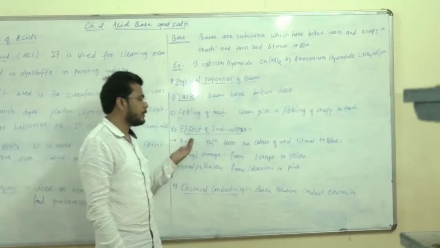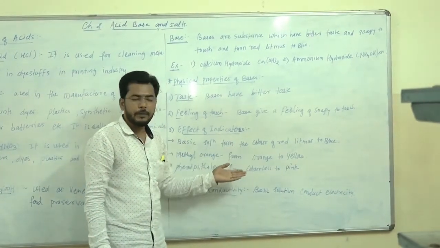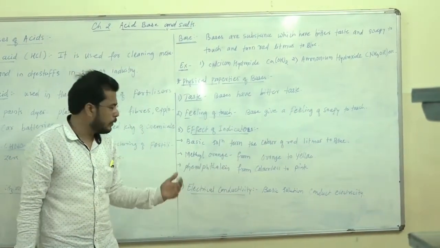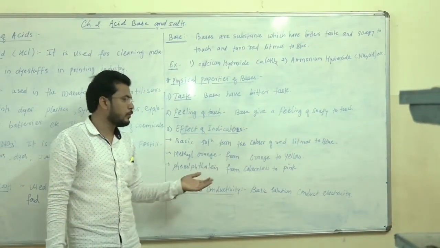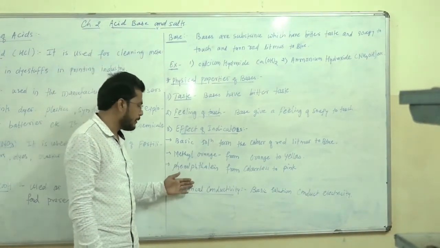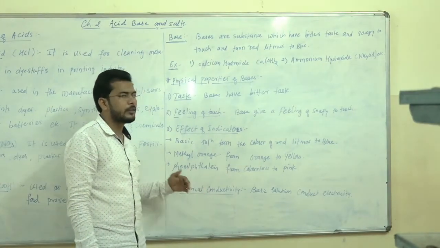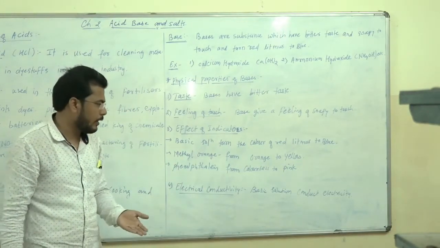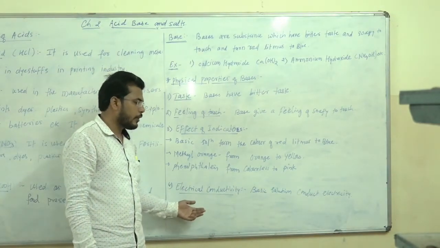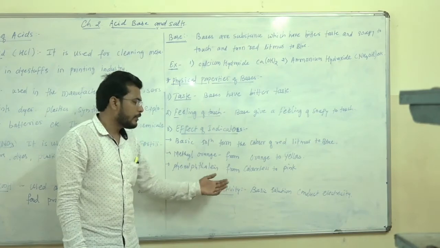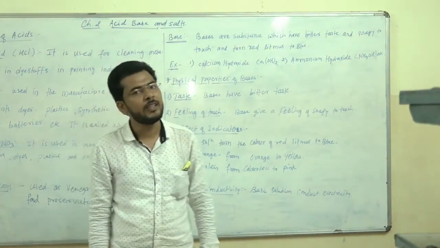Effect of indicators: red litmus paper changes into blue in basic medium. Methyl orange, if the color is orange, will give yellow color in basic medium. If we use phenolphthalein indicator, the color changes from colorless to pink. And about electrical conductivity, basic solution conducts electricity.